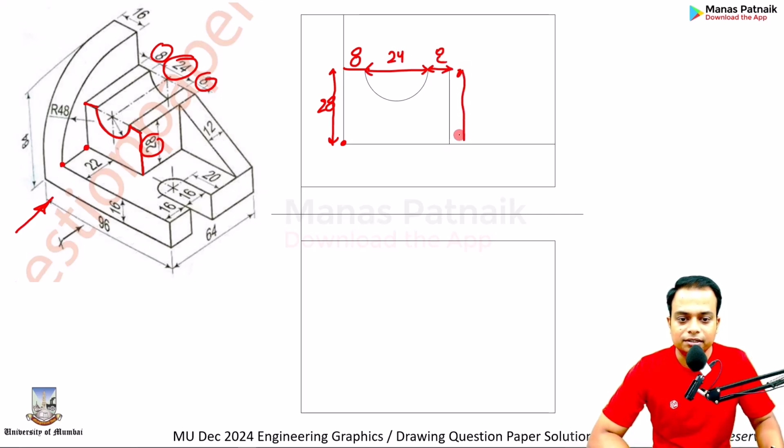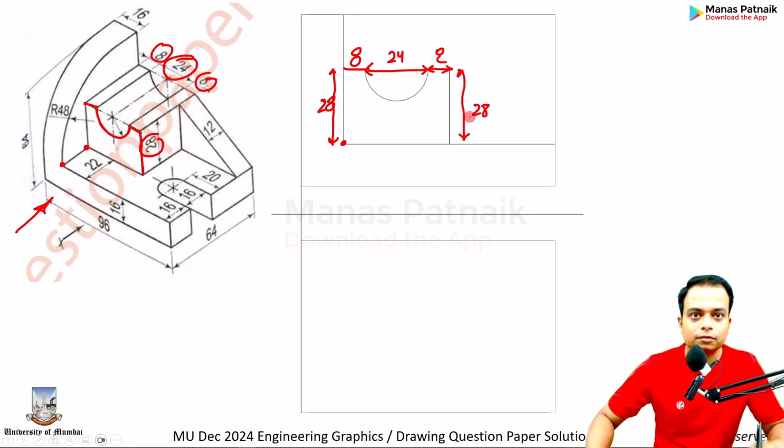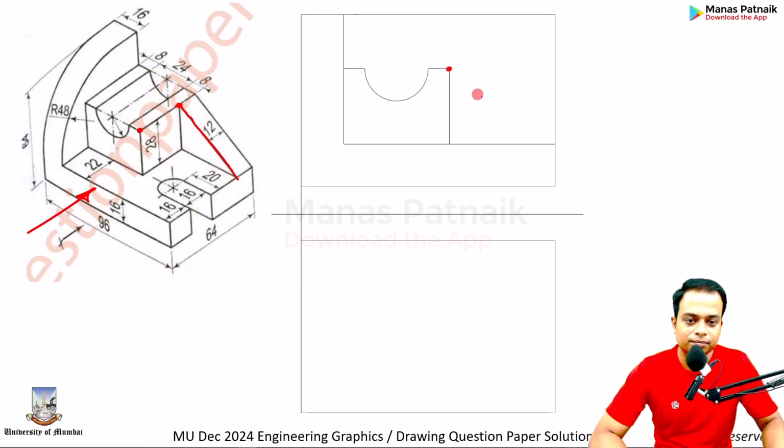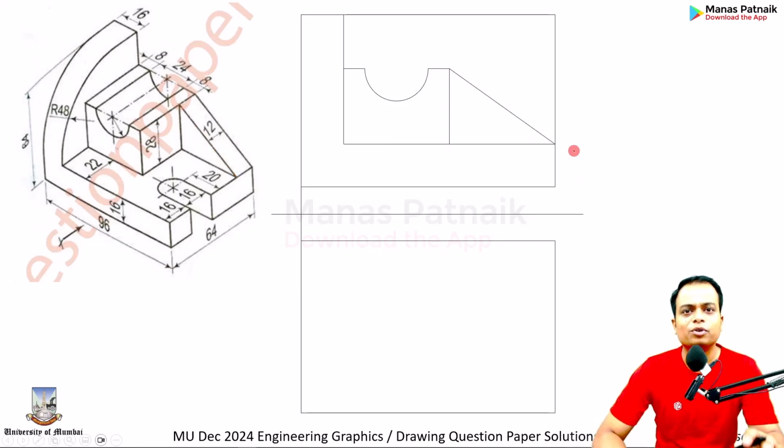You know very well that this is 28. Done. What's next? This point and this point. When you view it from the front, they are going to overlap. Yes, sir. Here. And you can simply now make this inclined edge this way. So the front view is almost done with one hidden feature yet to be created.